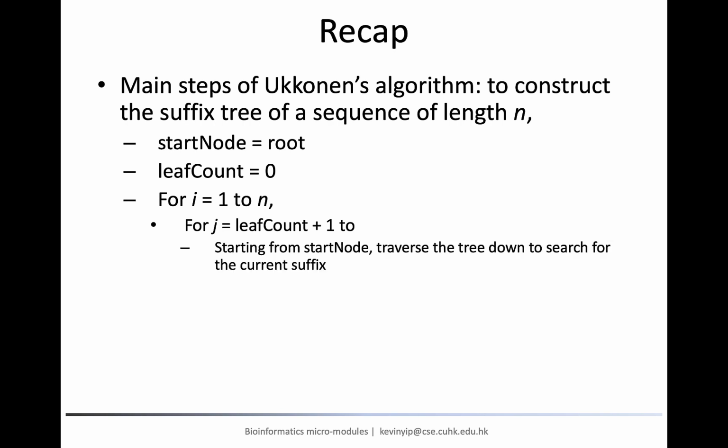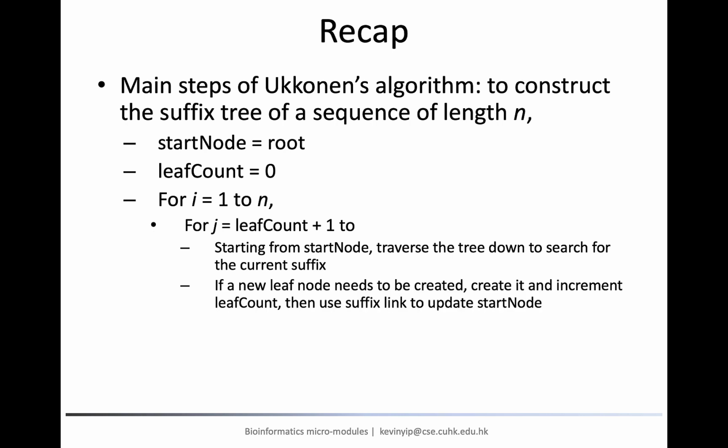For that insertion, we first need to search for the insertion point by traversing down the tree from the starting node. If the new character triggers the creation of a new node, meaning that it is of type A, we create a node and increment the leaf count. We also find the starting node of the next insertion using suffix links based on the rules we described in the last module.